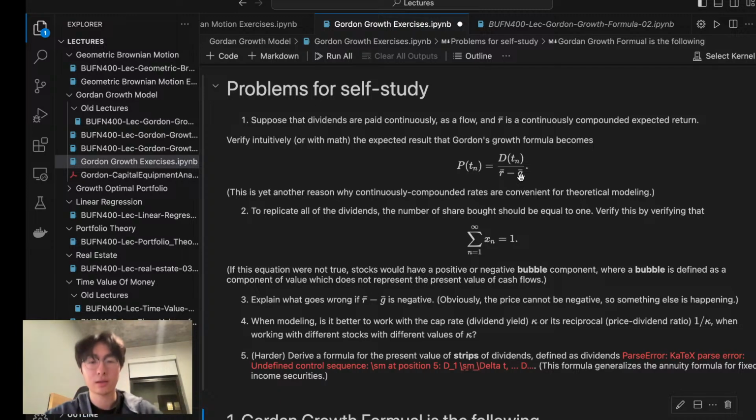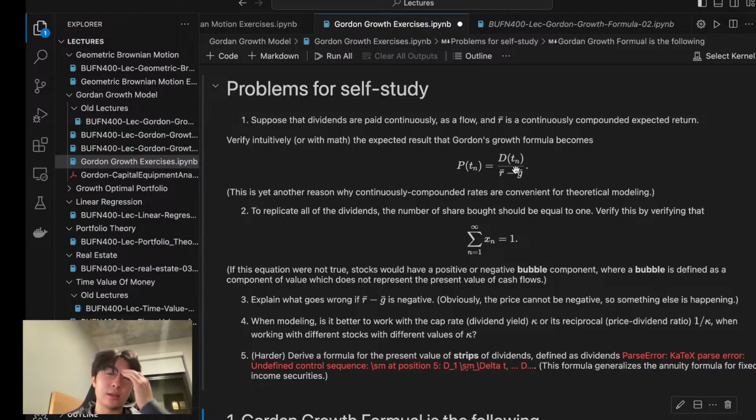So I would think that with Gordon's growth formula, we're taking the dot product between, I believe, the value of our dividends at some time in the future, that's one vector, and then the other vector would be a vector of discount factors.